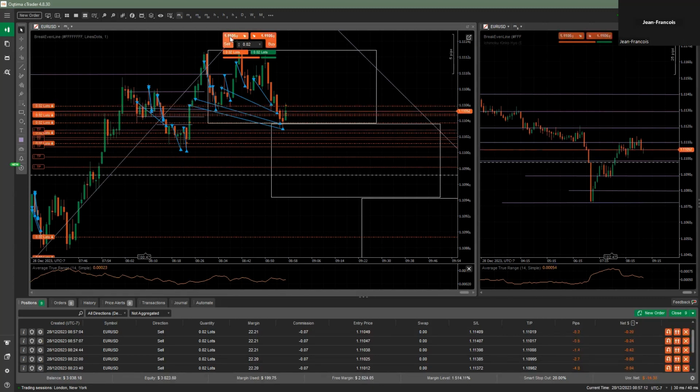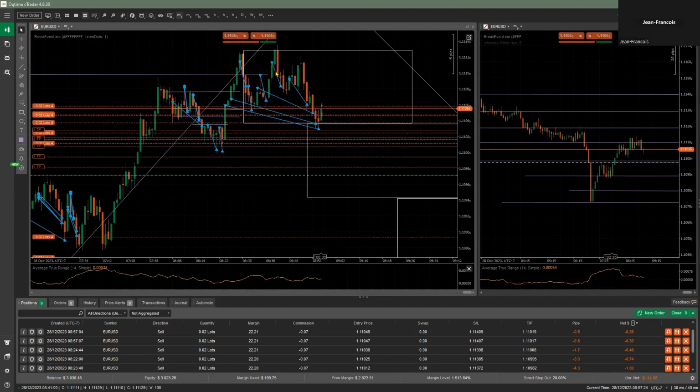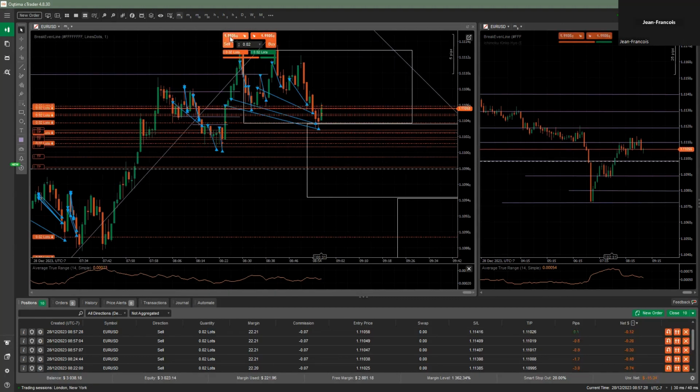I have one more to spend. So if it pushes up again, I have 40 seconds on that candle. Right there. All right, so I brought my clicks back up to 10.